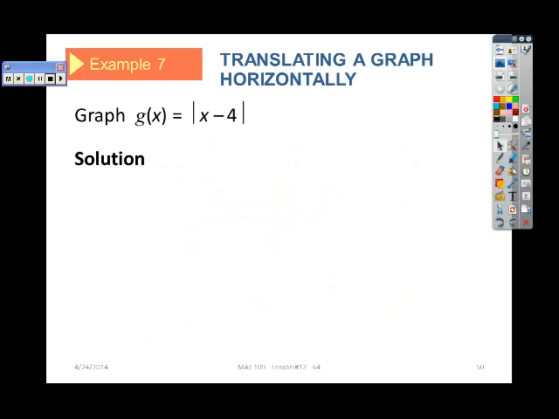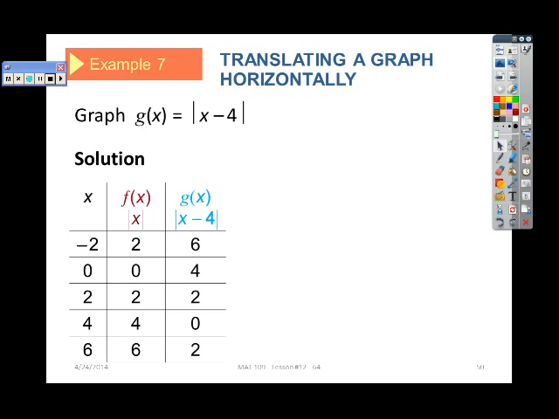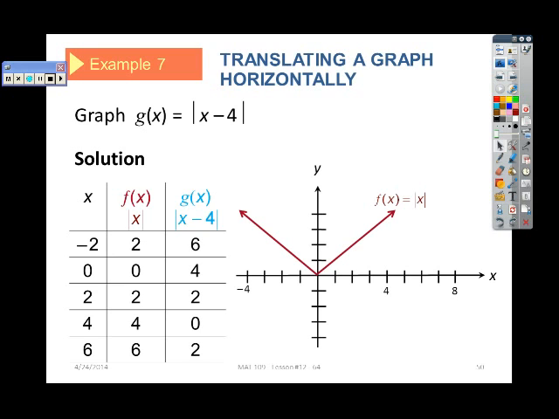If you put the addition or subtraction inside the function, it's going to move it left and right. So here's our absolute value function, but now we're putting it inside. If you do the same calculations for your XY table, here's your original graph. If you plot the blue graph, it's now going to be over here.